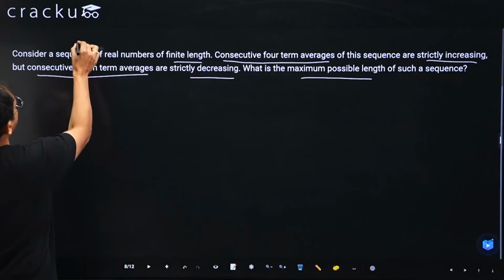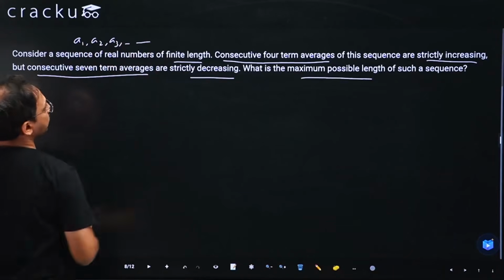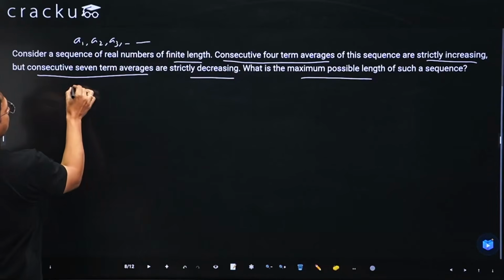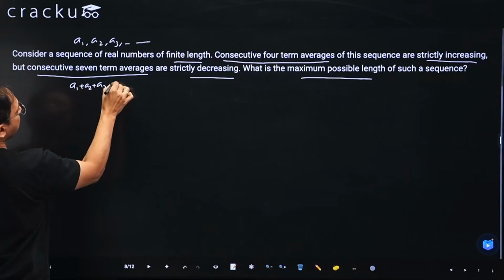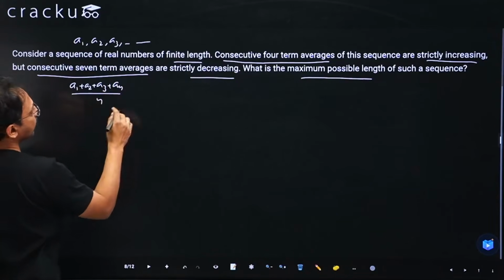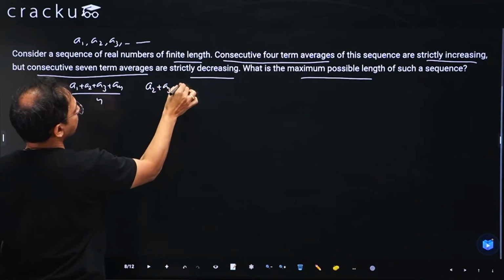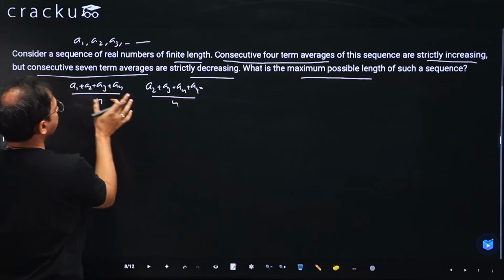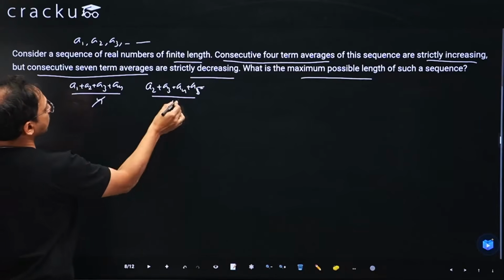So let us say the sequence is A1, A2, A3 and so on. Let us take the 4-term average of the first 4 terms: A1 plus A2 plus A3 plus A4 by 4. The next 4-term average will be A2 plus A3 plus A4 plus A5 by 4. You can cancel the common terms.